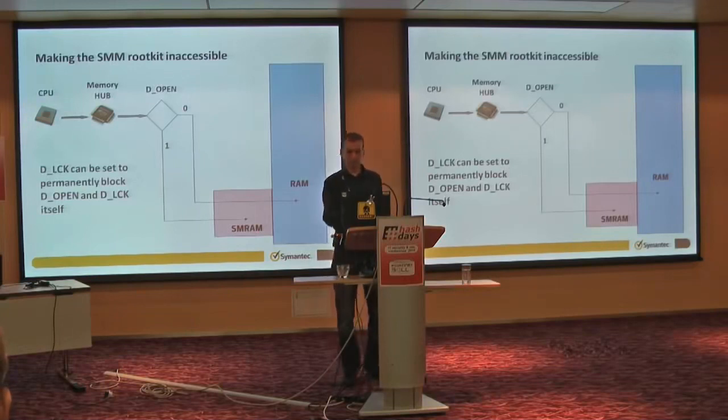But the open flag could be set to 0, meaning that accesses to the SMRAM are routed to the normal RAM. So effectively, SMRAM becomes invisible. And what's worse is that the lock bit can also be set so that the open and lock bits cannot be modified anymore. So the rootkit could install itself into the SMRAM and lock itself in, being completely out of reach from the operating system.